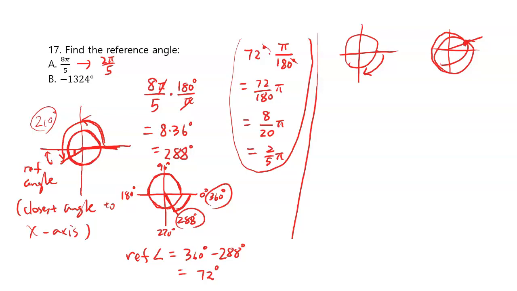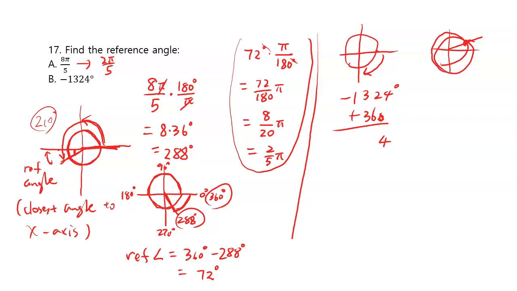And the trick is, I have this huge negative 1324. To make this simpler, you just keep adding 360 or subtracting 360 until you get a small number, something that you can handle, right? So I'm just going to add 360 here. You're basically subtracting, right?